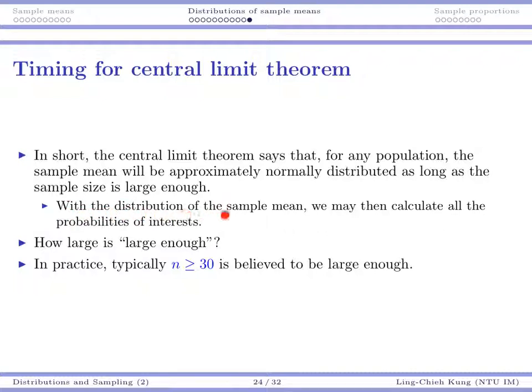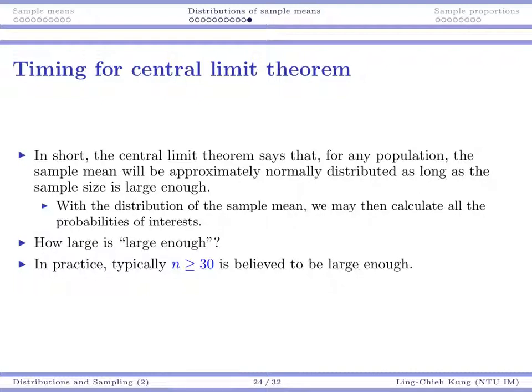With the distribution of the sample mean, we may then calculate all the probabilities of interest. This theorem is so powerful because, in general, why do we need to rely on a sample?